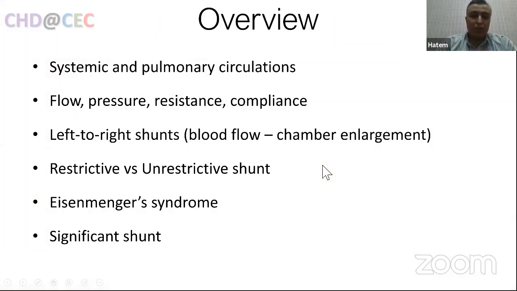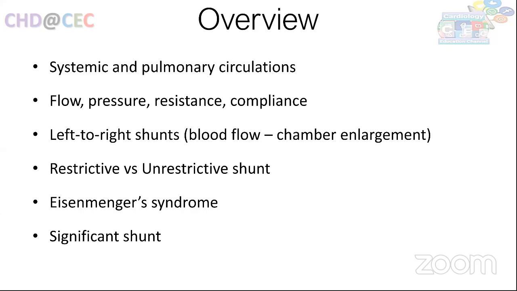So as an overview, we'll be talking about systemic and pulmonary circulations, the concepts of flow, pressure, resistance, compliance. We'll have a talk about left to right shunts, essentially quickly going through ASD, VSD, and PDA pathophysiology with a special interest in which chambers get enlarged.